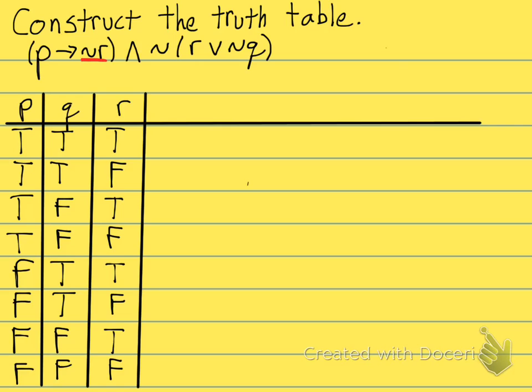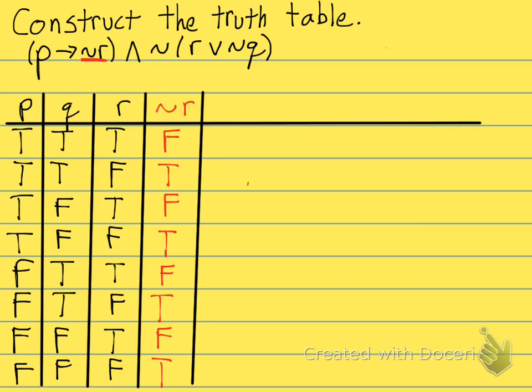I'll come down here and say, okay, I want to do negation of R. So I look at the R column, and I'm going to write down the opposite values each time. So that would be false, true, false, true, false, true, false, true. Just looking at the R column and negating it.